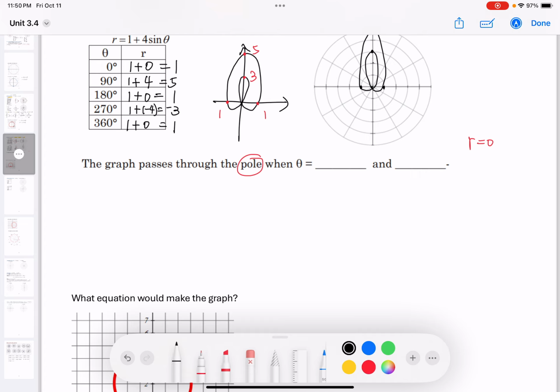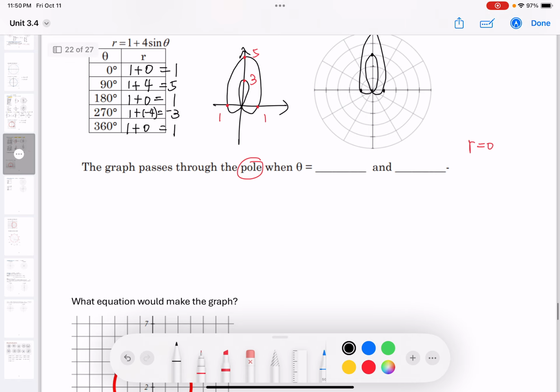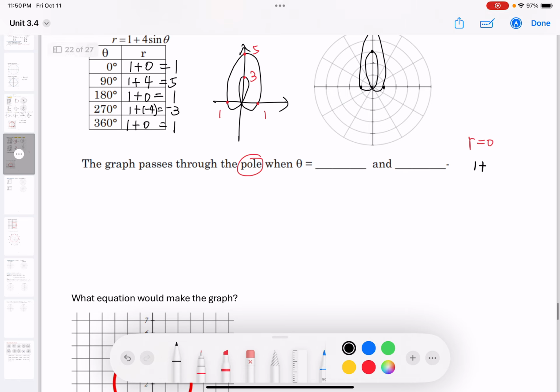So if r is equal to 0, for example in the previous example, we have 1 plus 4 times sine theta, which represents r, and it's equal to 0. Let's isolate the sine theta. It is negative 1/4. So theta is not a very common angle.